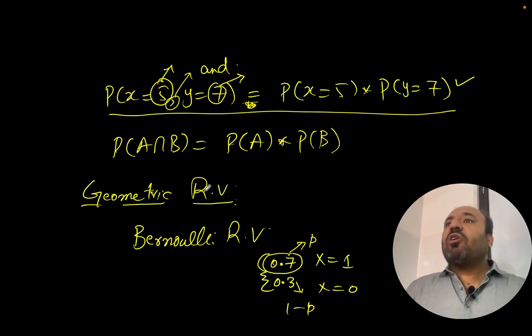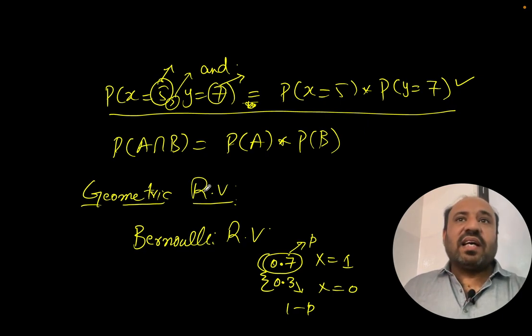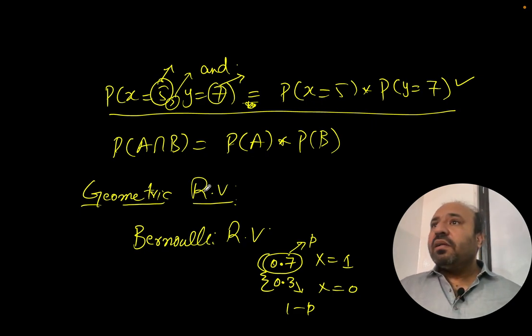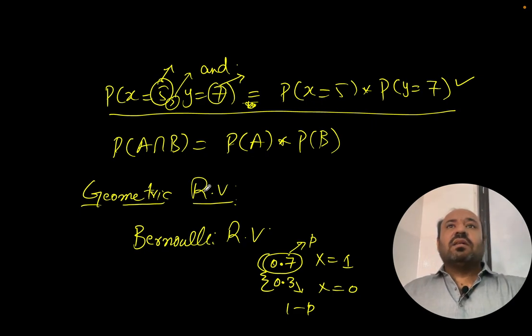For example, you keep on tossing a coin until you get the first head. The total number of tosses you have made until you get the first success, that's the value of the random variable. It is possible that you toss and the first one becomes a head. In that case, the random variable x will take value 1. It is possible that you toss a coin, it goes on a tail, then you toss it again and it gets a head.